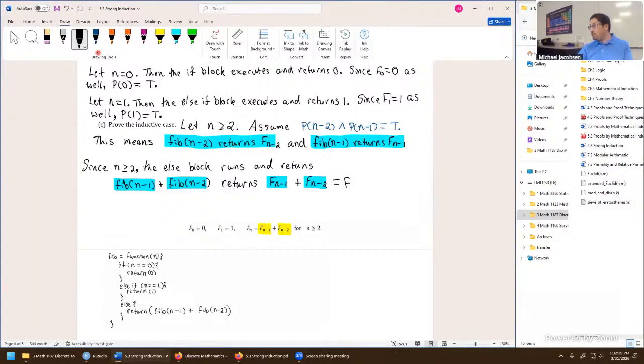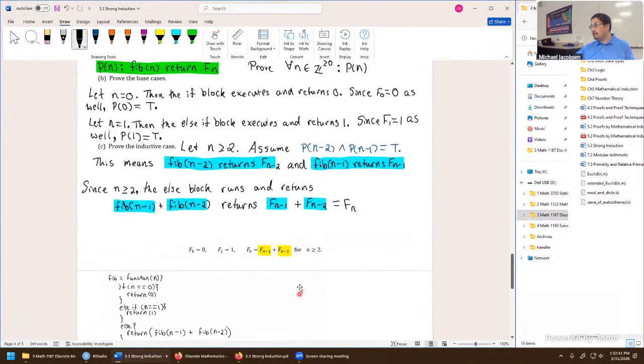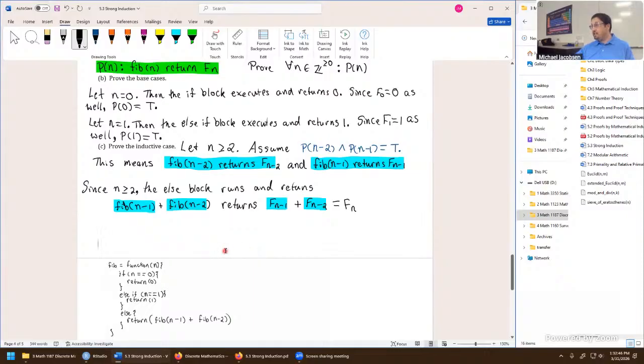We can say that this is truly equal to f at n, because that definition here held for n greater than or equal to 2, which is appropriate to that assumption at the very beginning. So what this has now shown is, through that quick check on the definition, when we go to run a value n greater than or equal to 2 inside Fibonacci, it does these recursive function calls, but it in fact returns f of n.